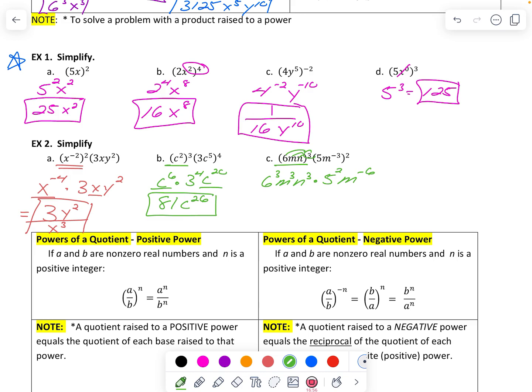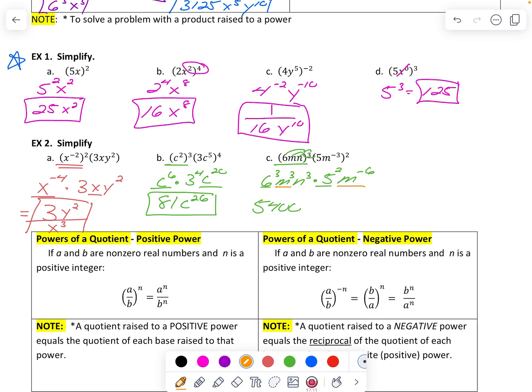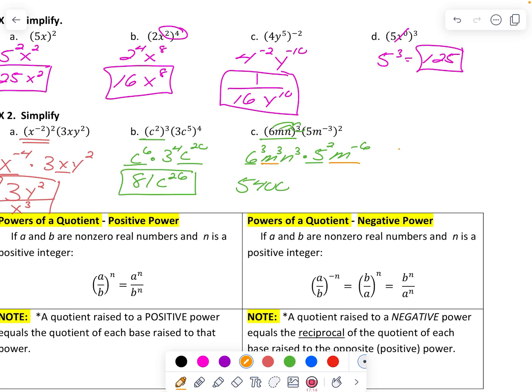So now, writing our final answer, 6 to the 3rd, which is 216, times 25 is 5,400. That's the number part. And then notice my m's here. I have m cubed, m to the negative 6. That's going to give me m to the negative 3. So this is going to be over m to the positive 3. And then it looks like I have n cubed, and that's it. There's nothing to combine with it.